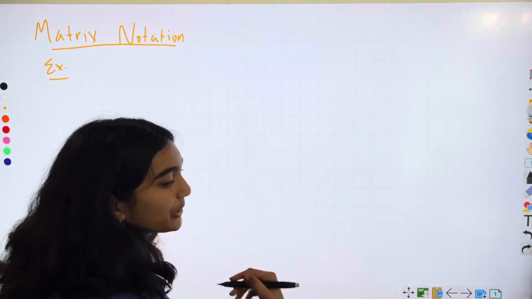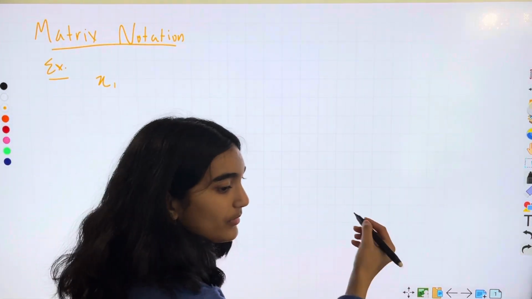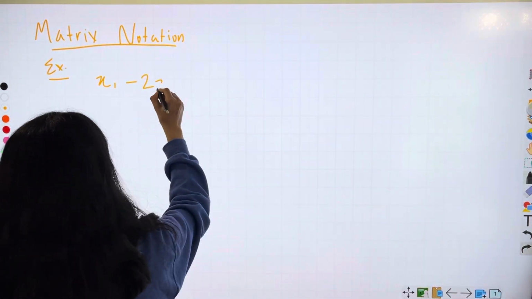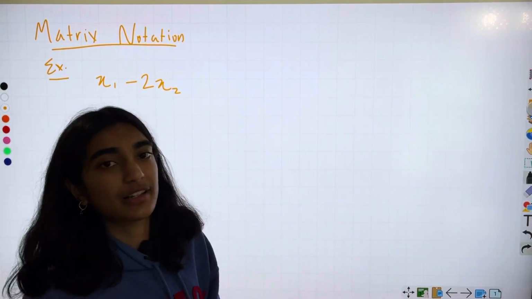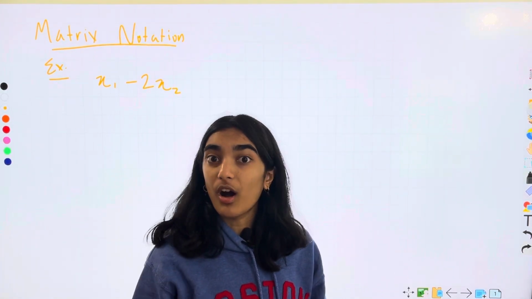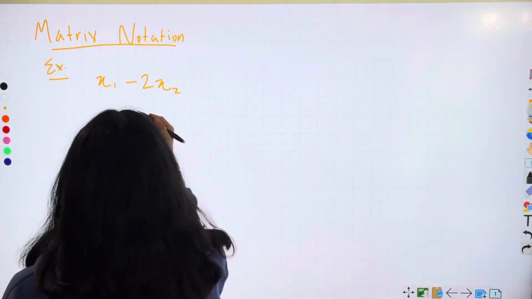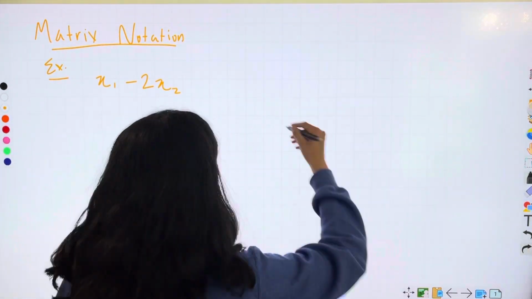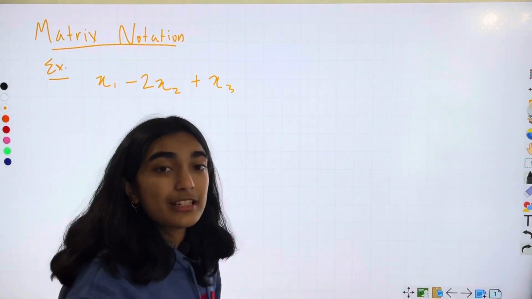Our example is going to be x1 minus 2x2, and remember that these are just different variables. X1 and x2 are different variables, just like x, y, z are different variables. So x1 minus 2x2 plus x3, and this is just an expression.